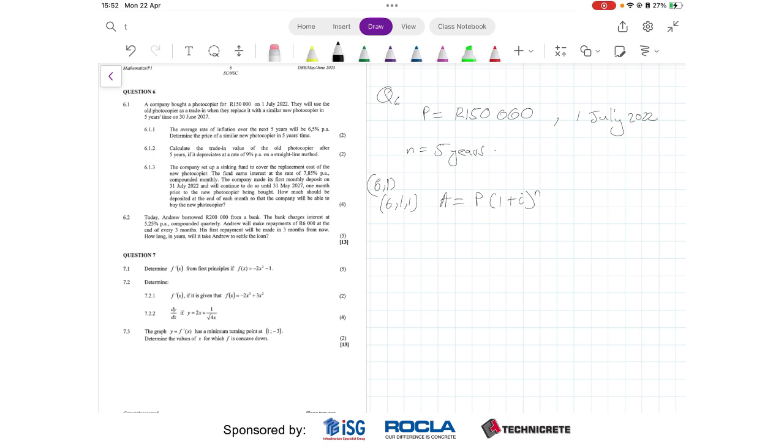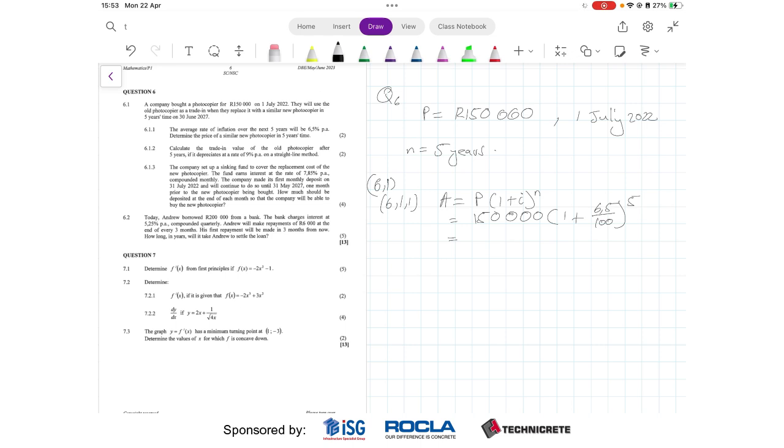Now, remember, for the interest value, you do not write it as a percentage, but rather you write it as a fraction out of 100, because that is what a percentage is. Okay, now plugging in our values, we know that P is 150,000. 1 plus 6.5% is 6.5 divided by 100, all to the power of 5, which is our investment period, or the duration over which you are evaluating the price.